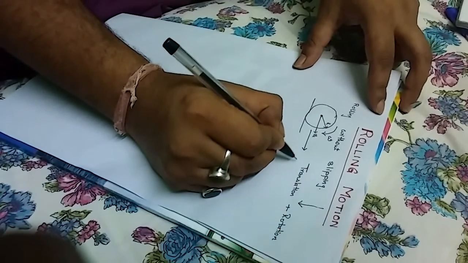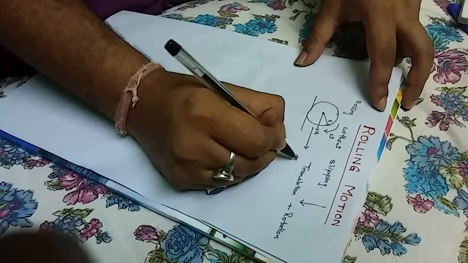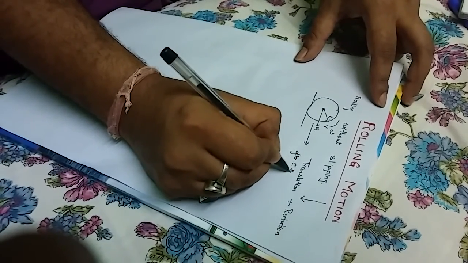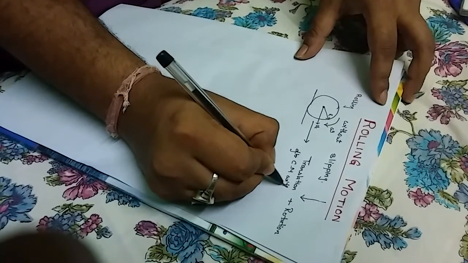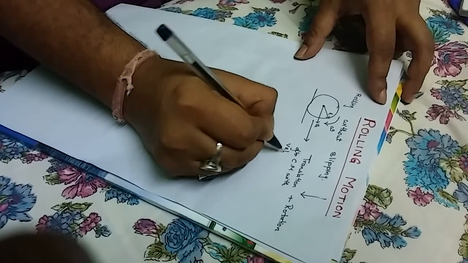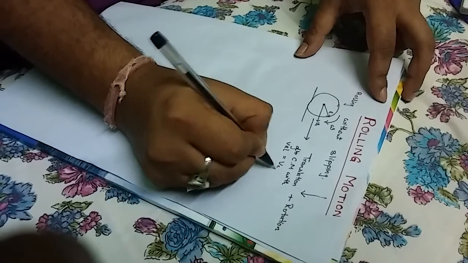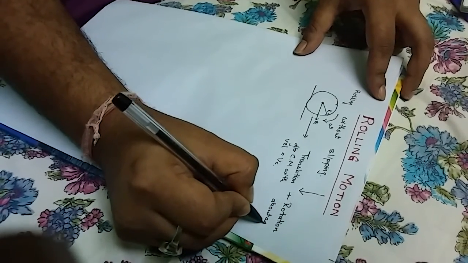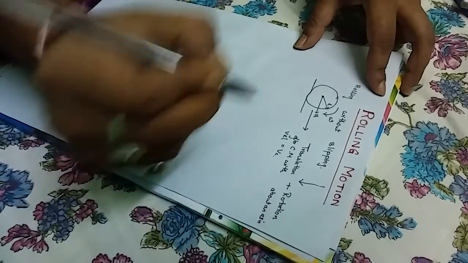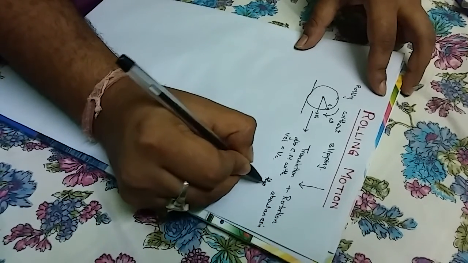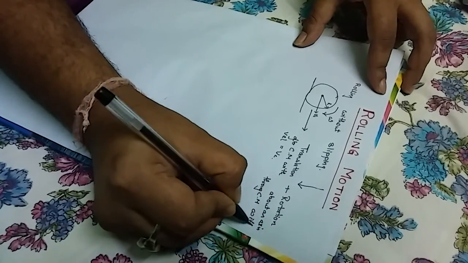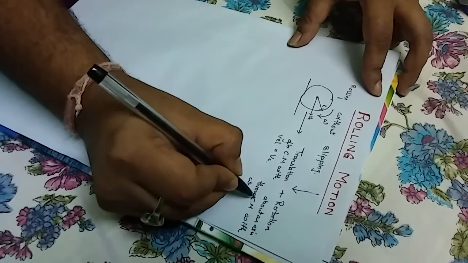In short, we can write it as translation of center of mass with velocity vc and rotation about an axis through center of mass with angular velocity omega.